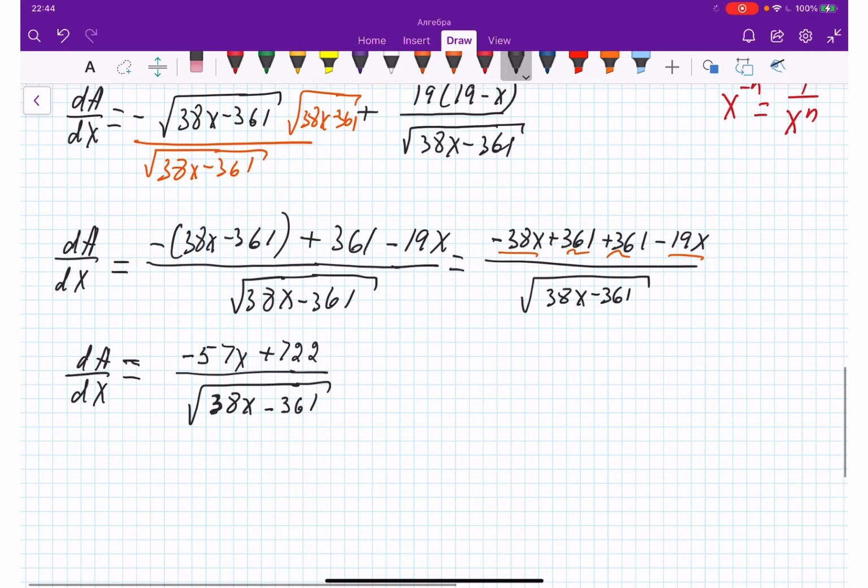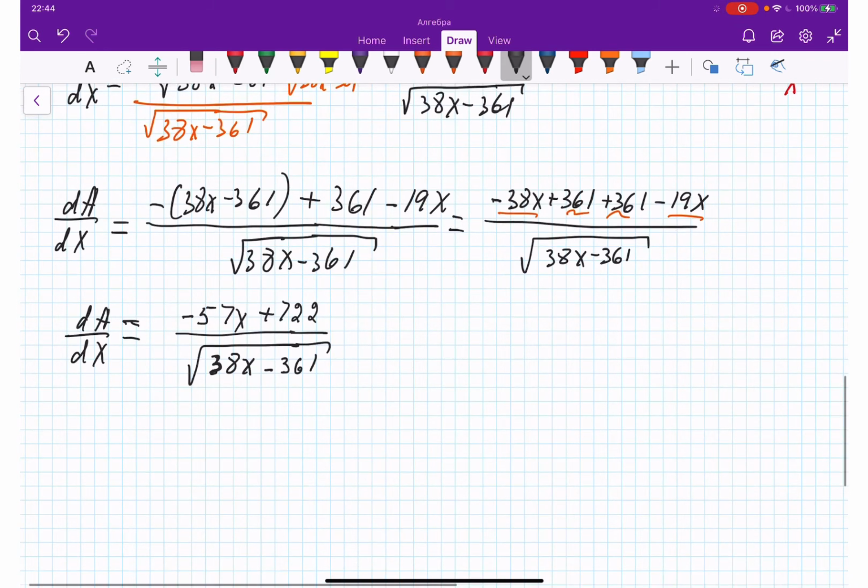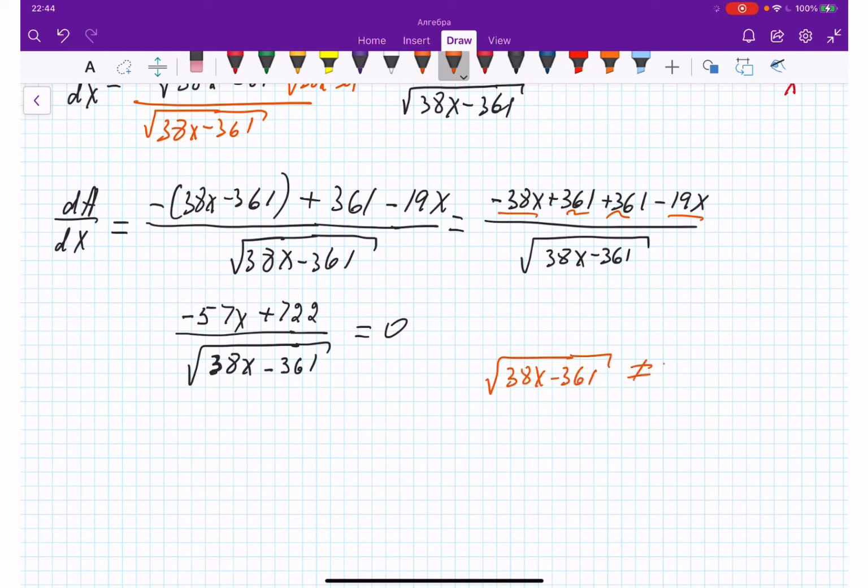Okay, now to get the maximum area, we need to set this expression equal to 0. Let me clean this here and add equals 0. First, since we have a rational equation, I'm going to take care of the denominator, which means the domain. First of all, the denominator cannot be equal to 0, so 38x minus 361 cannot be equal to 0.